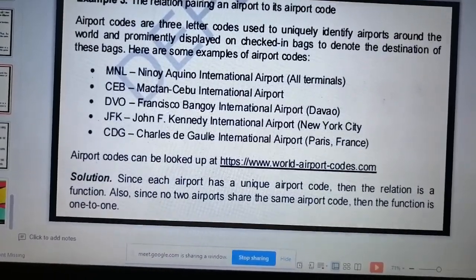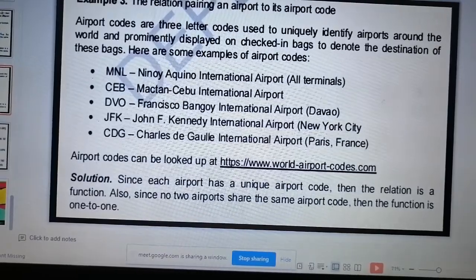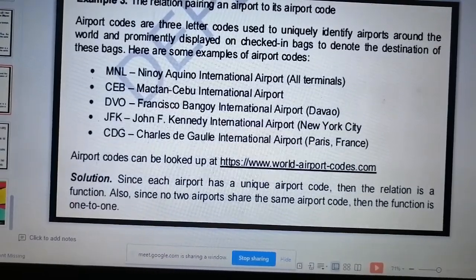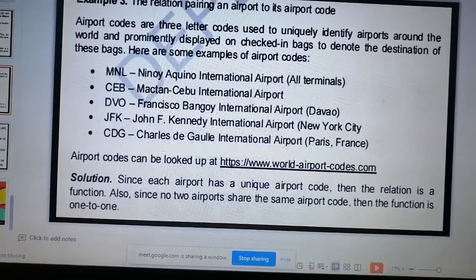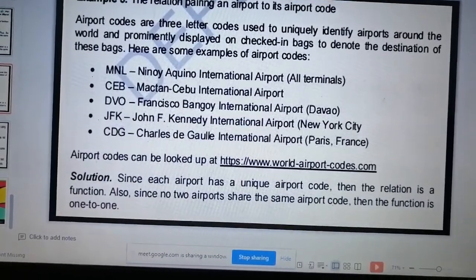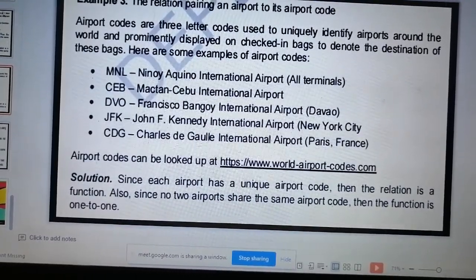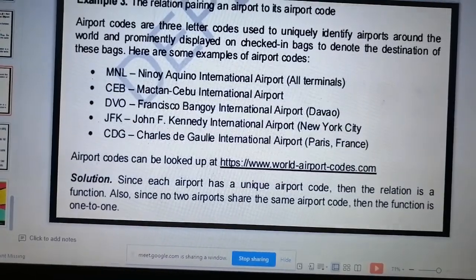Meron ba dyan sa Maynila na Mactan? Wala po. Wala. So, sa Cebu lang makikita. Ibig sabihin, doon nyo lang makikita yung code, kung saan siya area nakalagay. Okay?